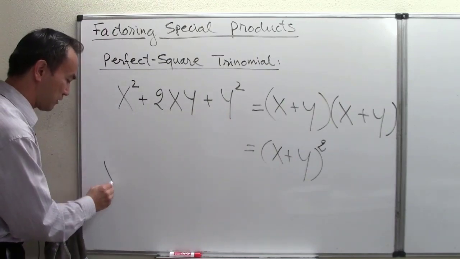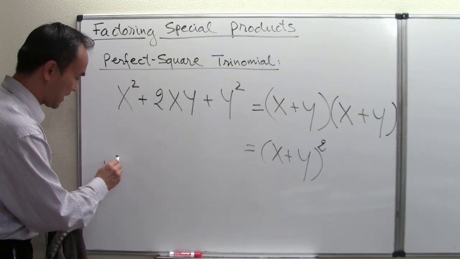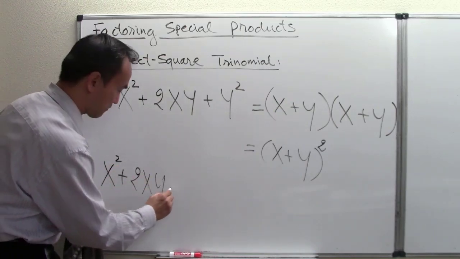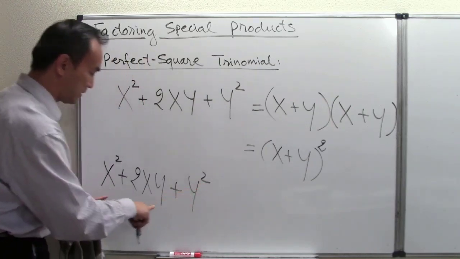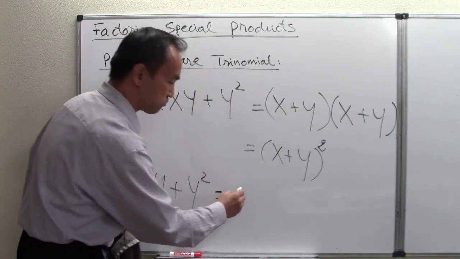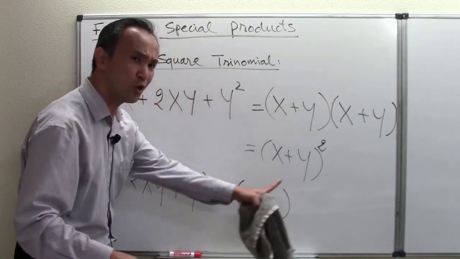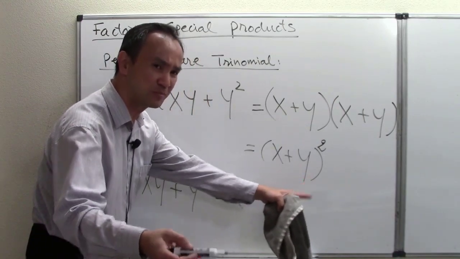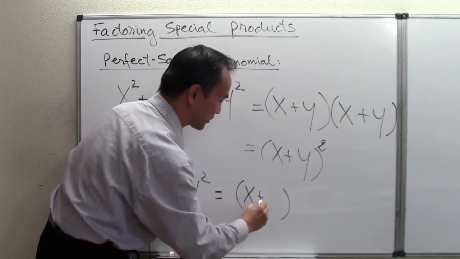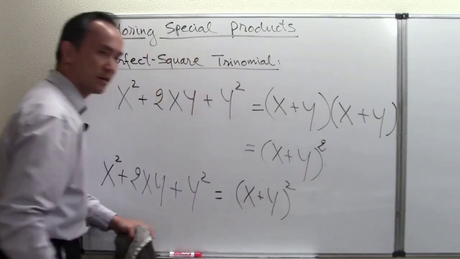Hey, wait a minute, it looks like x squared plus 2x times y plus y squared, this quadratic expression, can be factored into a product, but this product is a little more special than those we have seen before. It's a product of two identical factors, or for short, it's just x plus y all squared.